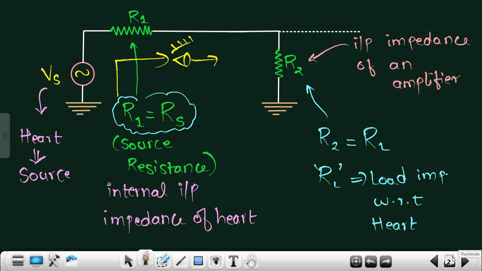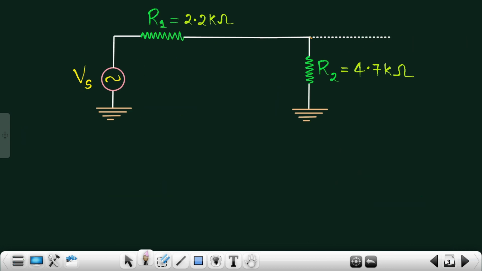We'll focus on this particular circuit only. You can clearly see the entire circuit is the same. The only thing is that I had assigned certain values to R1 and R2, right? Let me give you a rough idea. When you design any amplifier, you design it based on the signal which is coming from the source. No matter what, you try to keep the input impedance of any amplifier as high as possible.